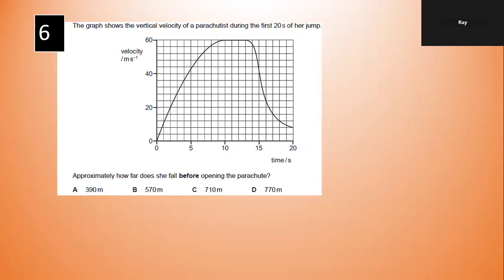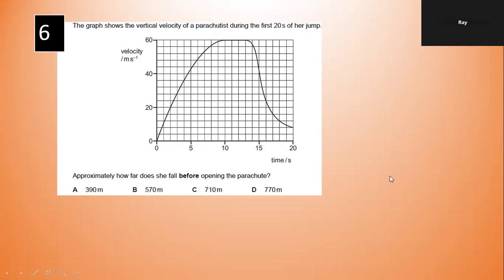How about this one? The graph shows the vertical velocity of a parachutist during the first 20 seconds of a jump. Approximately how far does she fall before opening the parachute? Well, you estimate lah, the parachute is closed to about here, about 13 seconds.